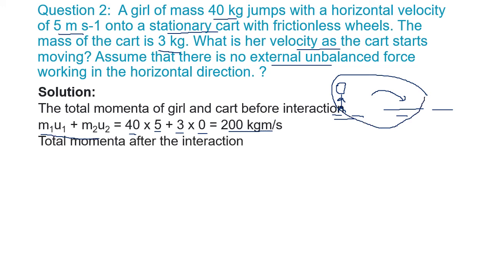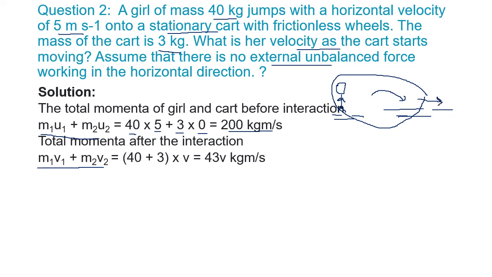Now, after the interaction, the girl has jumped on the cart. So now we have m1v1 plus m2v2. When she jumps on the cart and the cart starts to move, because the girl is on the cart, the velocity of the cart and the girl is the same. She has now become one system.